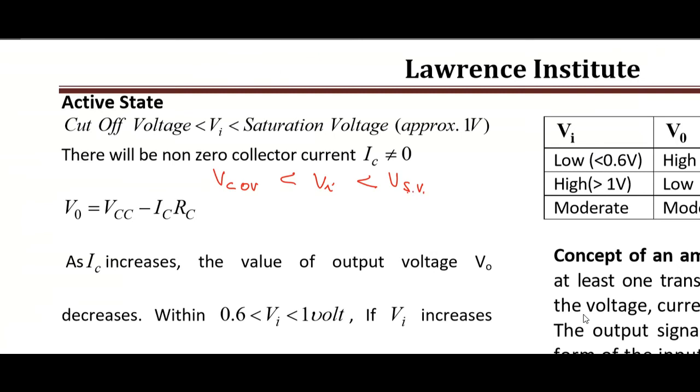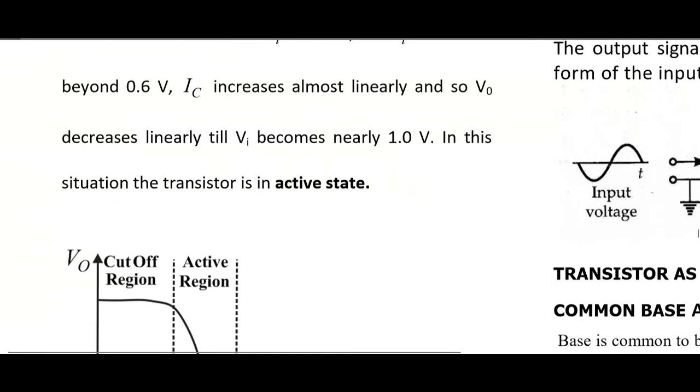VCOV means cutoff voltage. Input voltage lies between cutoff voltage and saturation voltage. In this case, as IC rises, VO will decrease. And this state is called active state.